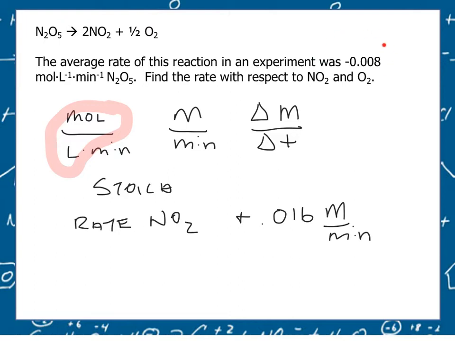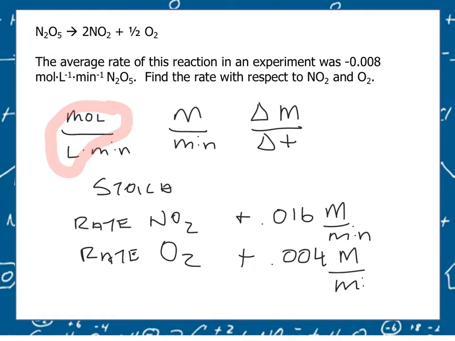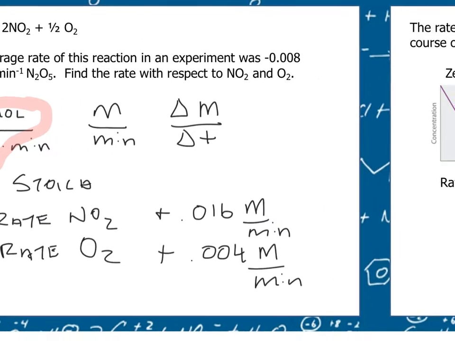Because for every one of these that goes away, two of these appear. And our rate of O2 is going to be positive 0.004 molar per minute. So our reactants are going to have negative rates because they're going away as the reaction goes forward. Our products are going to have positive rates because they're being made, and they're going to be connected using your stoichiometric ratios just from your reaction equation.